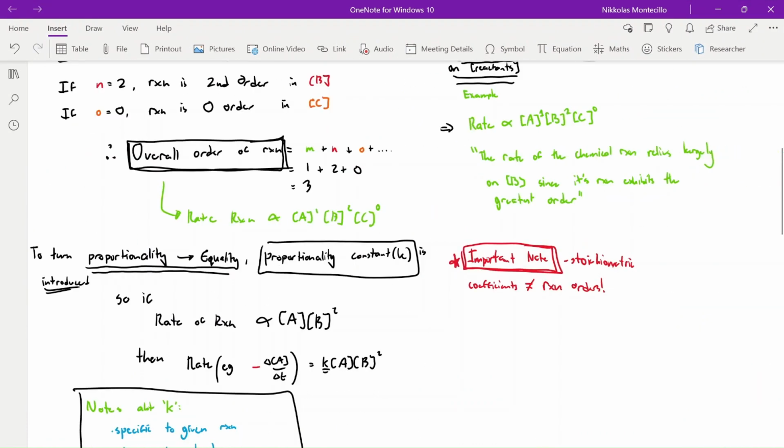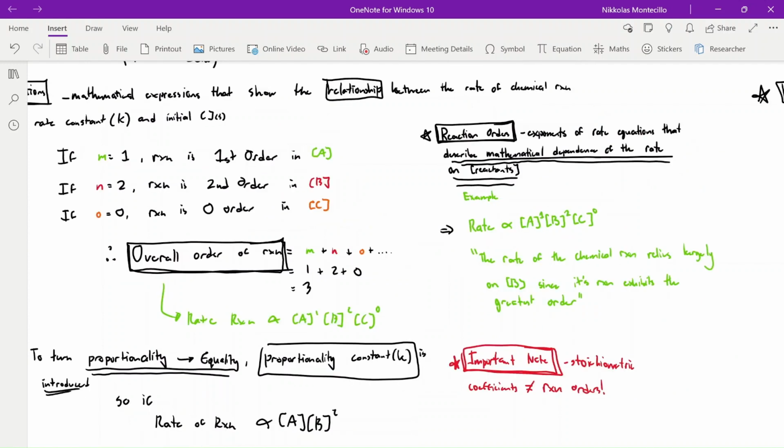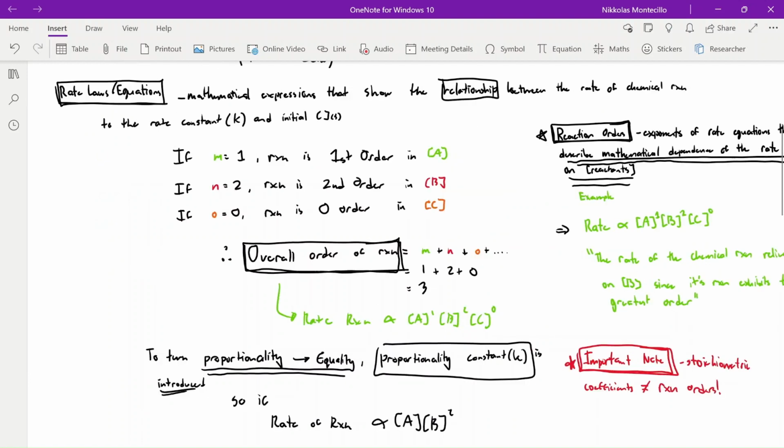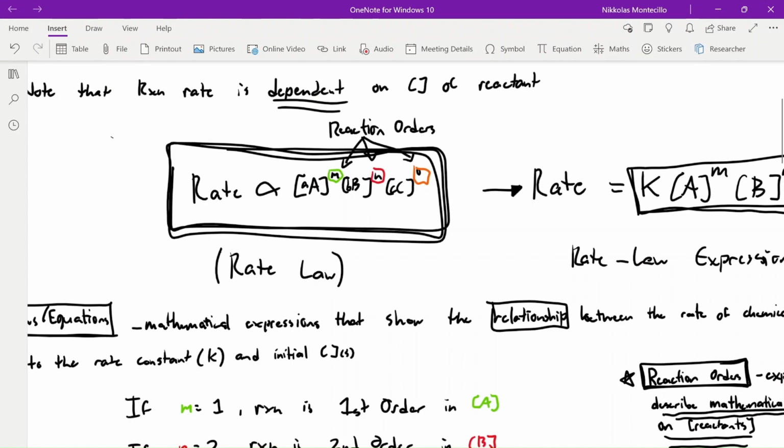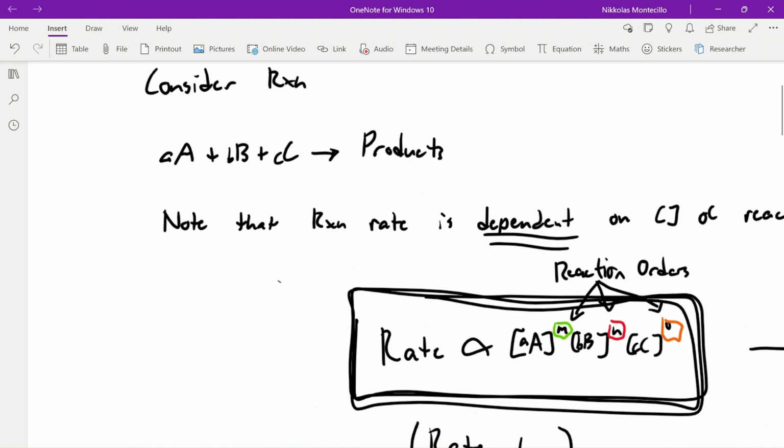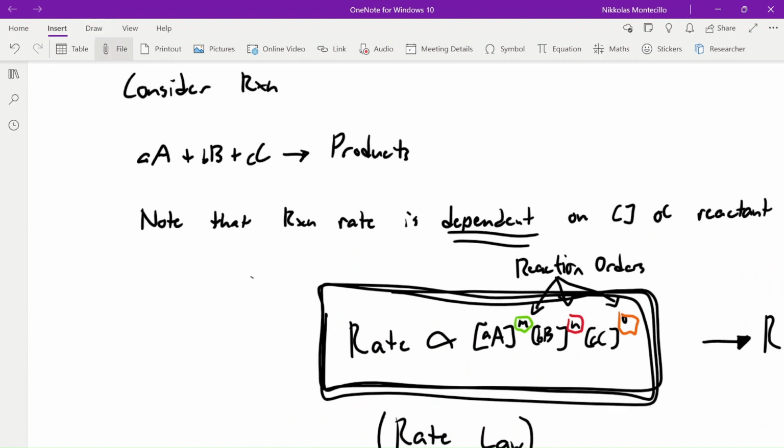Before we delve into examples on how to solve rate laws, I just want to make an important note that a lot of people tend to have the misconception that stoichiometric coefficients are the same thing as reaction orders. They're not, right?